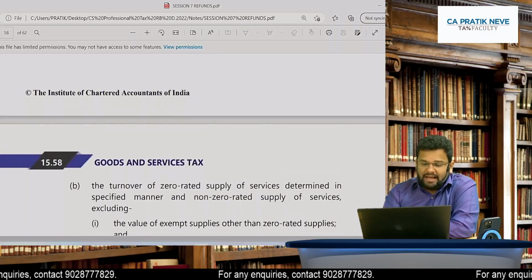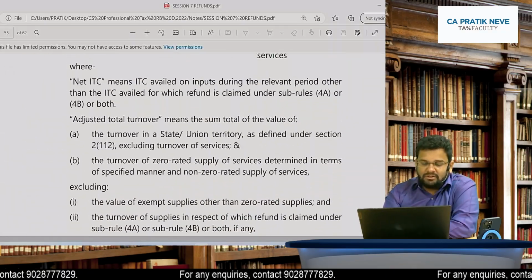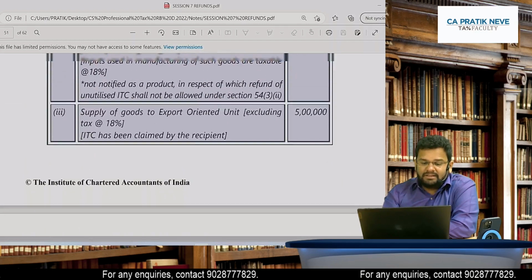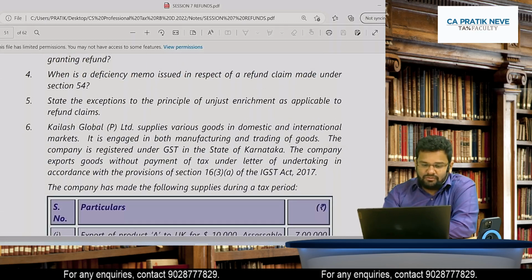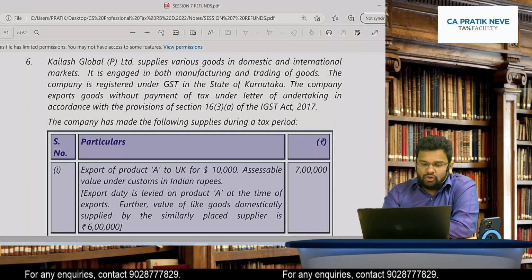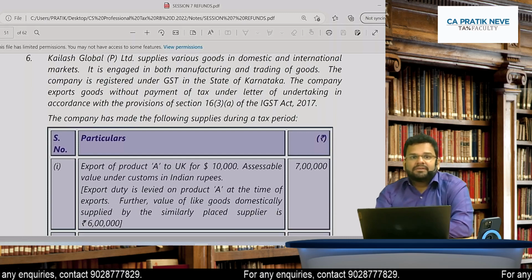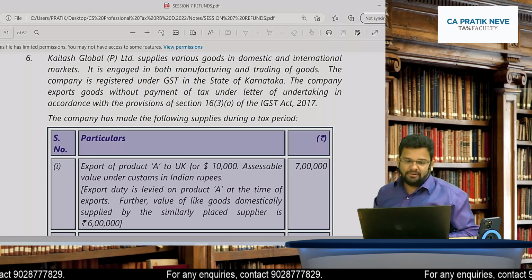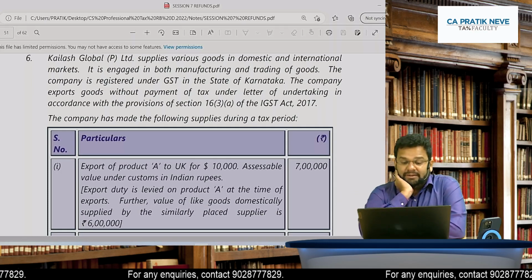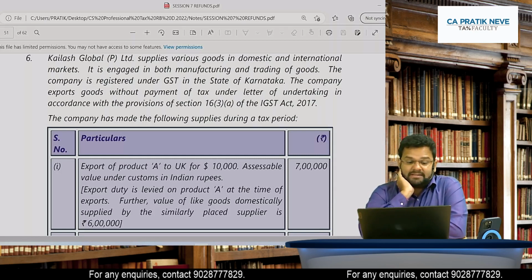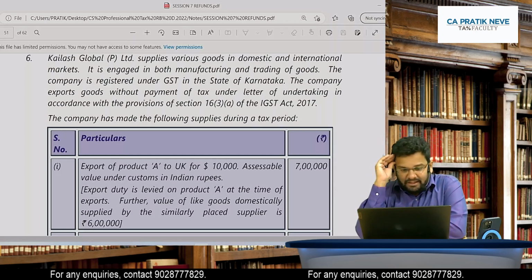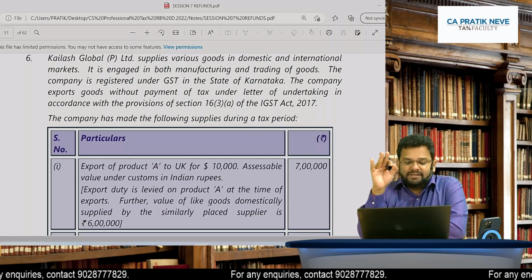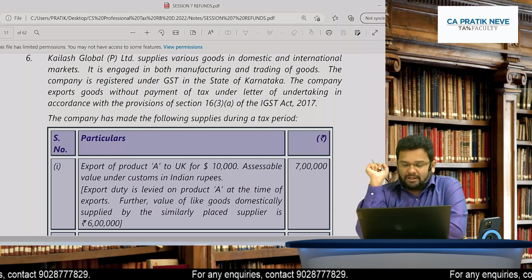Now, one last thing I want to do in this session is the sixth example. In the sixth example, now you will give me the inputs. Sixth question. Check. Very nice question. Kailash Global Limited supplies various goods in domestic and international markets. It is engaged in both manufacturing and trading of goods. Company is registered under GST in state of Karnataka.